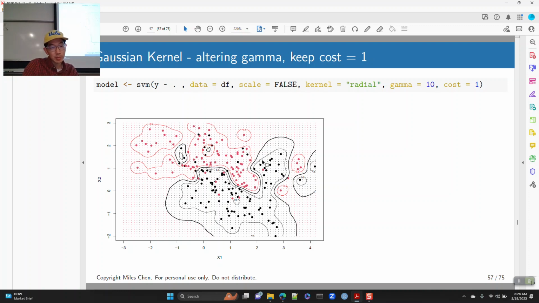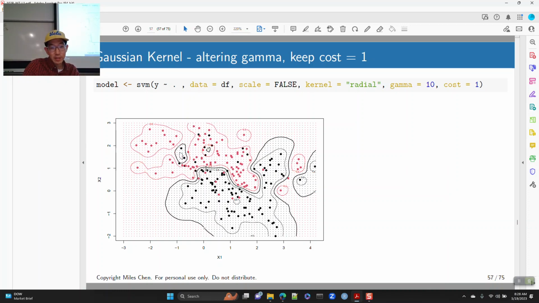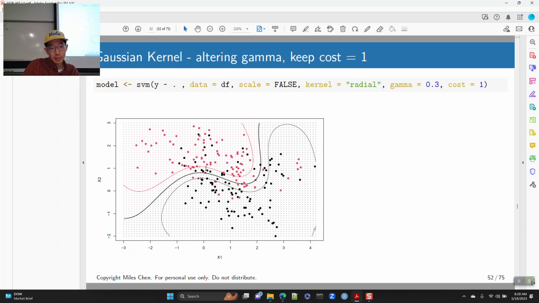But what I want you to see is the shape of these boundaries allows for more curvature here, right? So as I reduce the gamma, the boundary becomes less flexible, okay?